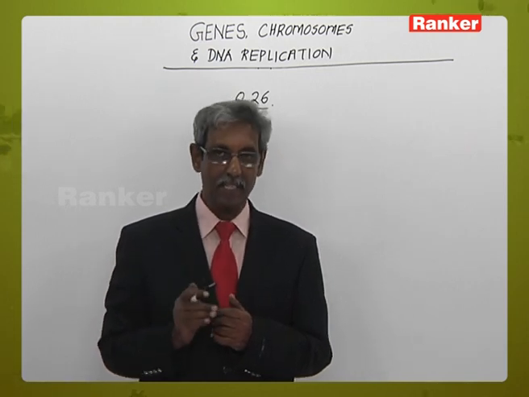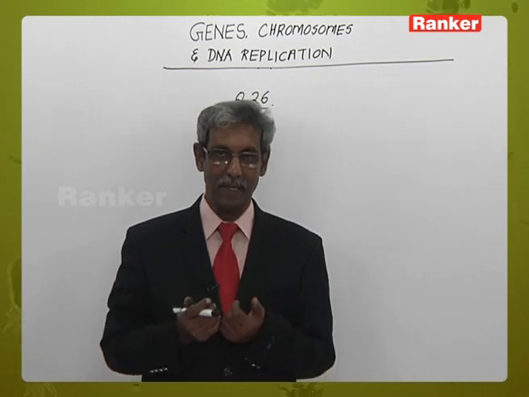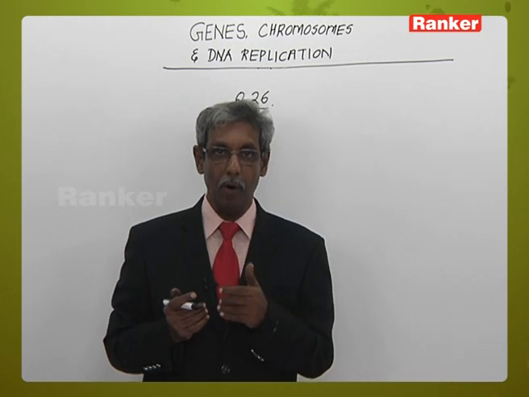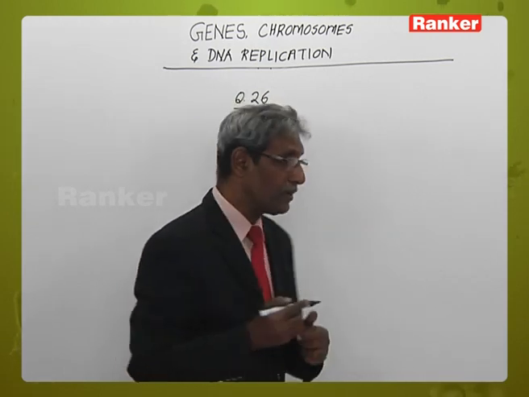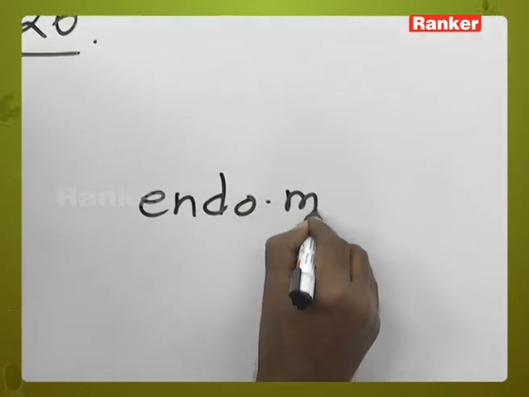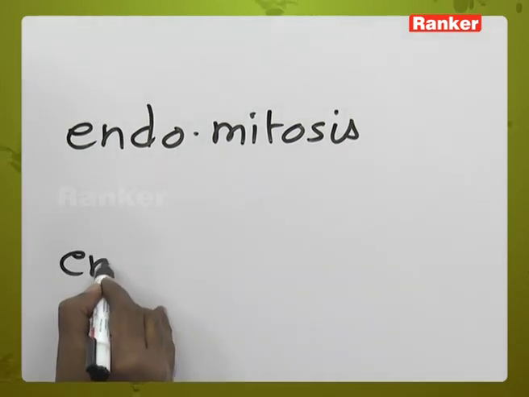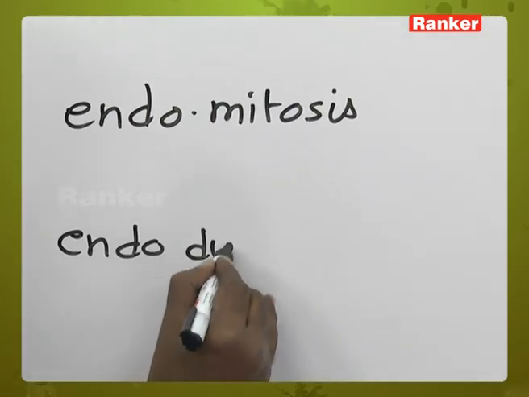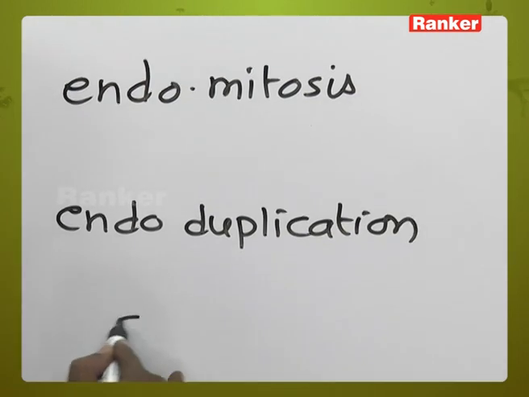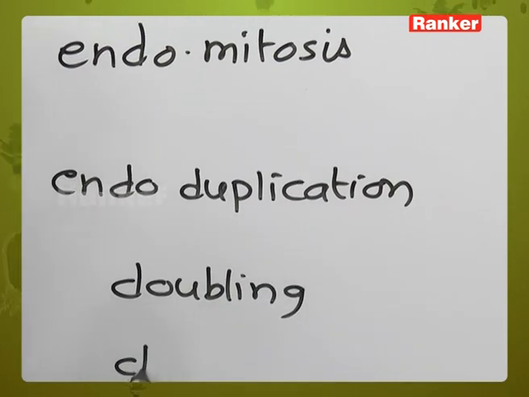So, within a single species, if the single cell can endoduplicate, can again form various chromosomes of the same order, it is by the process of endomitosis. By endomitosis, there is endoduplication, that is when there is doubling of the chromosome content.